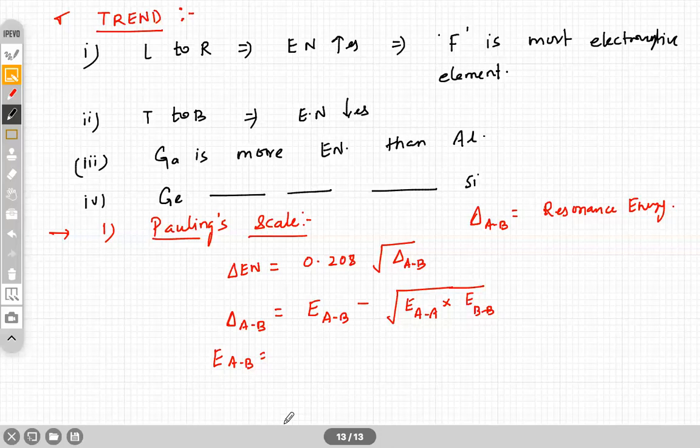EAB is the bond energy of the AB bond. Similarly, EAA is the bond energy of the AA bond and EBB is the bond energy of the BB bond.